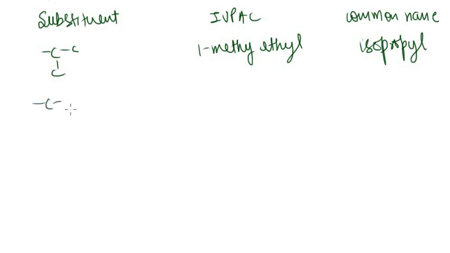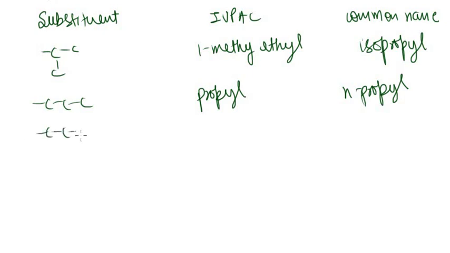If we have 1, 2, 3, it will be propyl, normal propyl. With 1, 2, 3, 4, it will be butyl in terms of IUPAC, but in the common name we will write normal butyl.